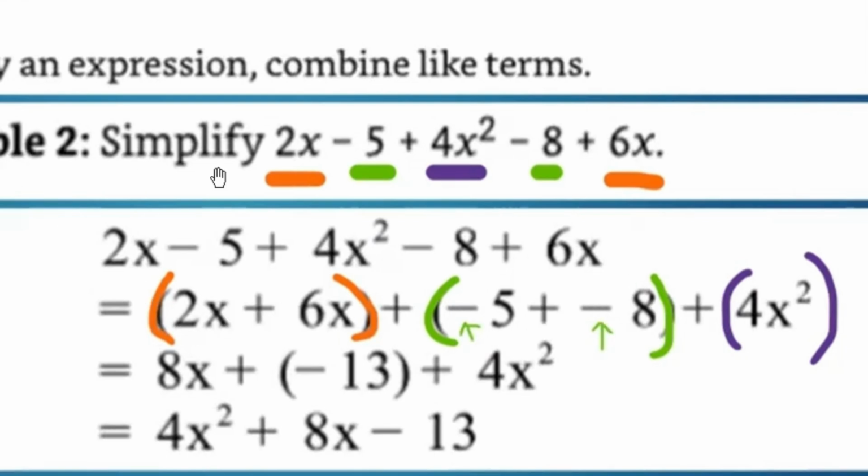To continue with our simplification, we know that we're adding together 2x plus 6x because those are like terms. That gives us 8x. And then we're also adding together -5 plus -8, and that gives us -13. And then we have 4x squared, so we simply write down 4x squared because it's the only term that appears with a whole number and a variable squared.